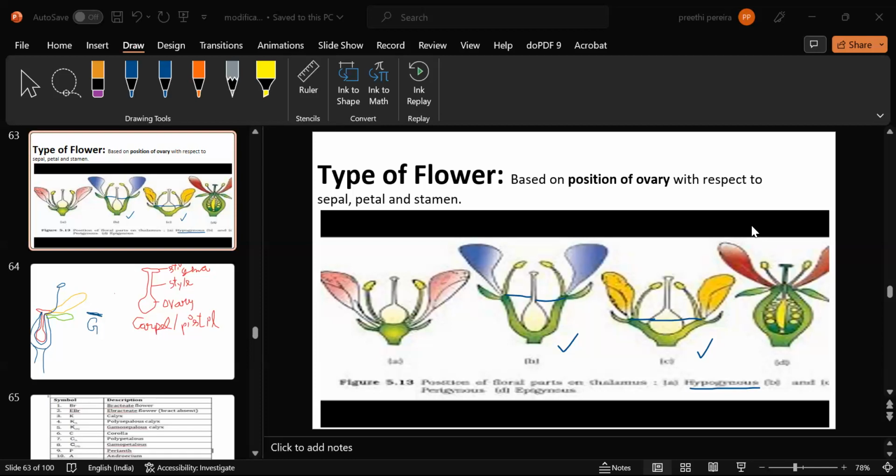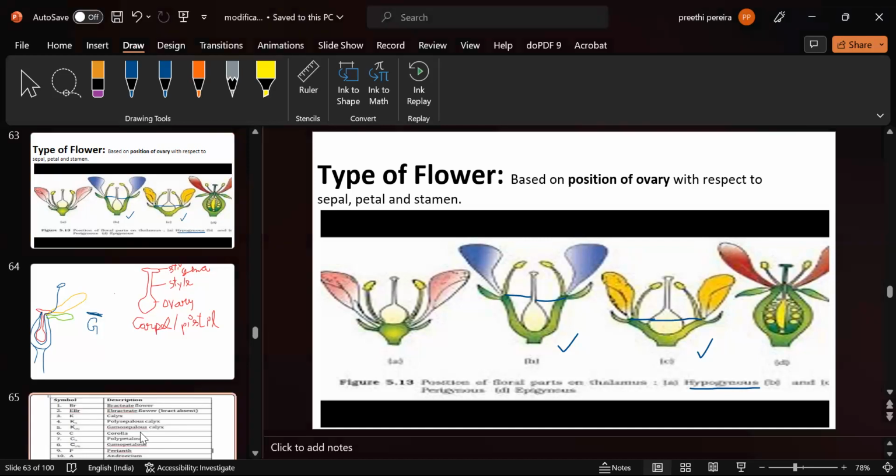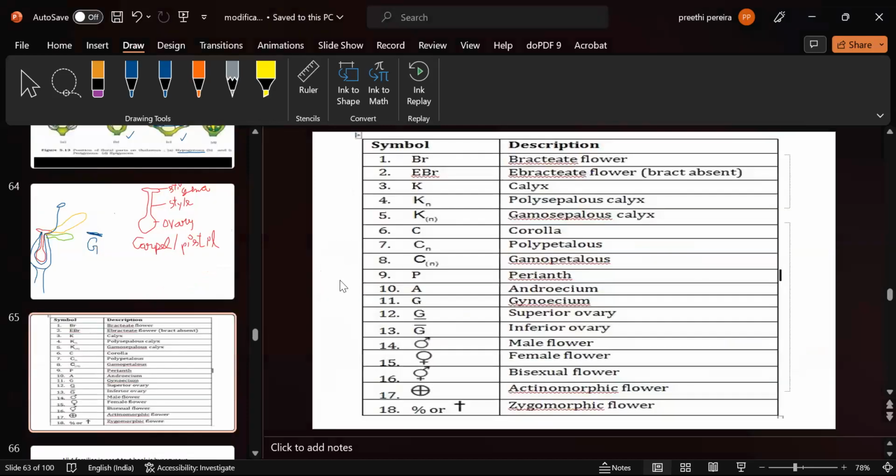They will ask which of the following are epigynous, which are perigynous. The third is the symbols. You should know how you're representing a superior ovary, half inferior ovary, and an inferior ovary. If you are thorough with that, then you can easily bag about 8 marks from this topic. Only 2 questions from this part are going to come.